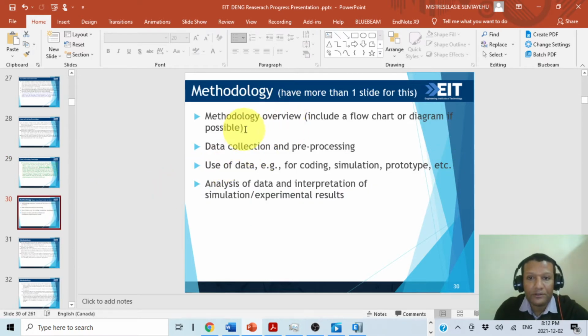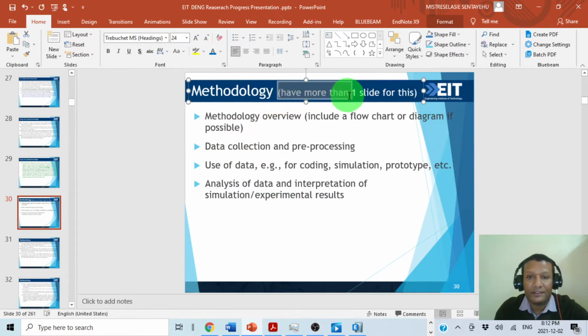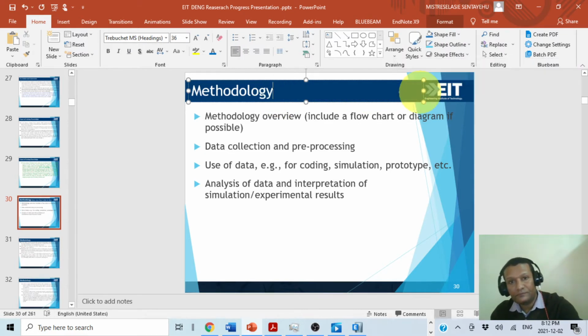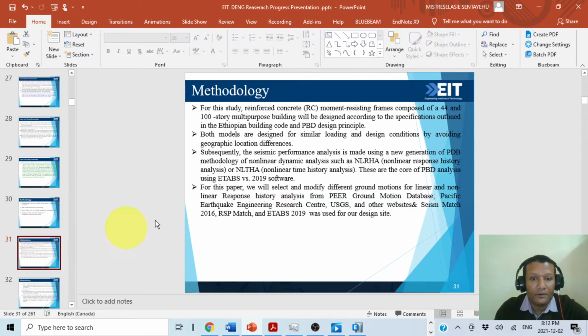So the methodology for this study: reinforced concrete RC moment resisting frames composed of 44 and 100 story multi-purpose buildings will be designed according to the specification outlined in the Ethiopian Building Code and PBD design principles.